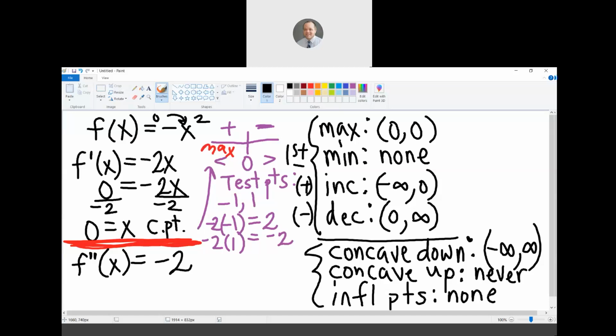Now, if you were to graph this on Desmos, it will look something like this. It will be an upside down parabola. And right away, we can see that our maximum point is correct. That occurs at 0, 0. There is no local minimum point.